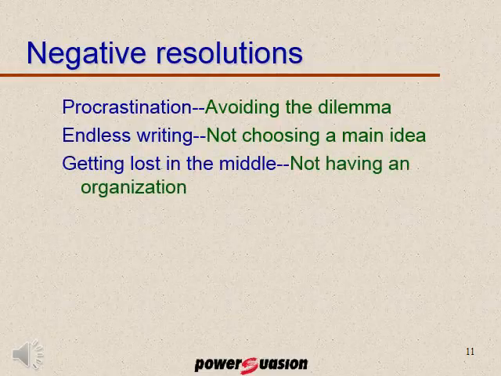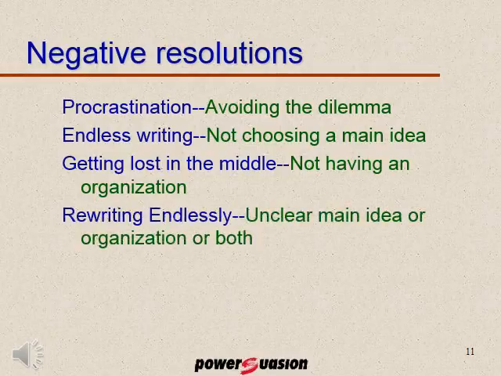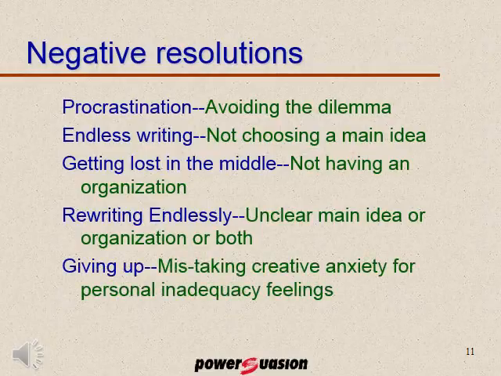Or we get lost in the middle because we don't have an organization. And then we rewrite and rewrite until we hope a main idea will arrive because our main idea is unclear or our organization is improper or both. And finally, we give up, mistaking our creative anxiety for personal inadequacy feelings.